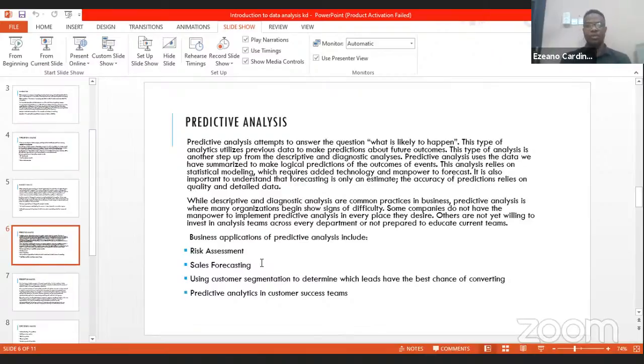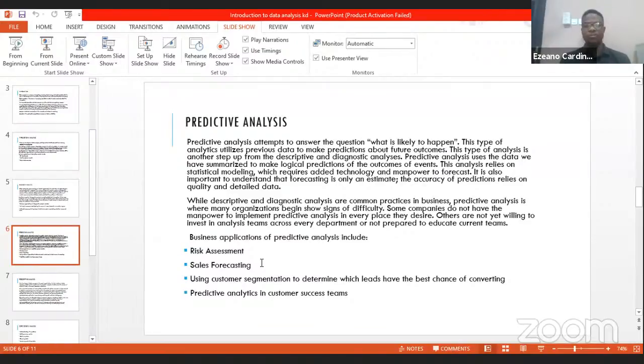Well, in predictive analysis, creating the models is now linked to machine learning. And when you try to create models to help predict a future event or outcome, you have to employ machine learning in the building of the model.